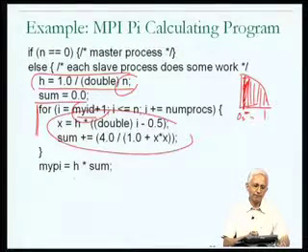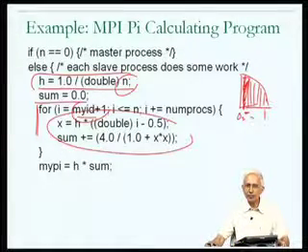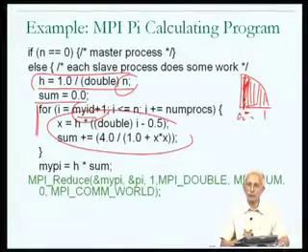It can then calculate what its contribution to the value of pi is, and now all the processes can communicate what they think their contribution to the value of pi is back to the root process using MPI reduce.